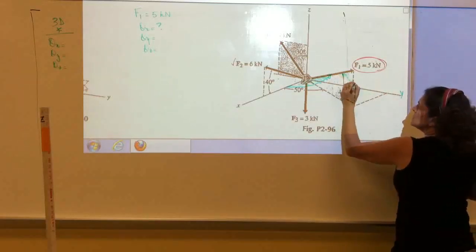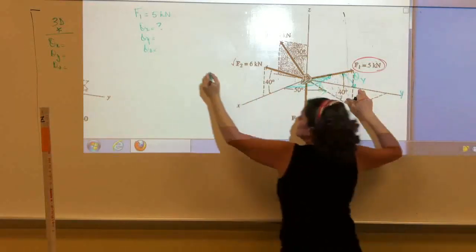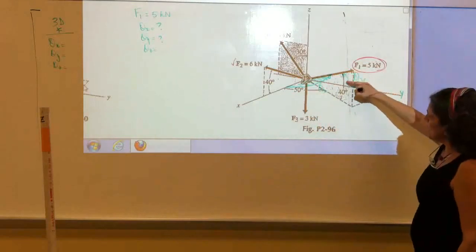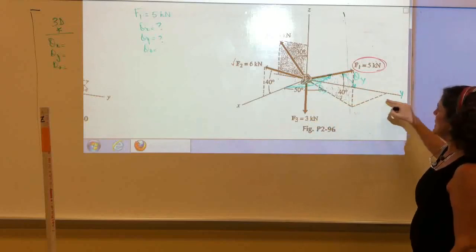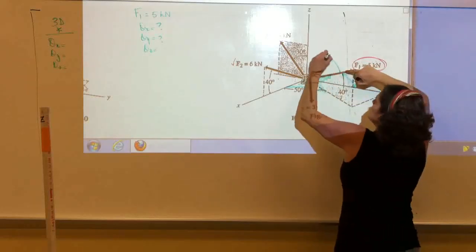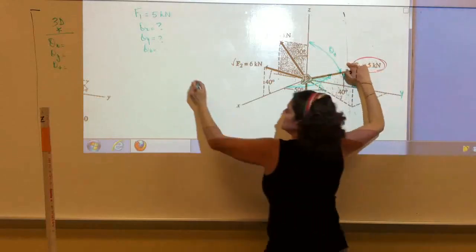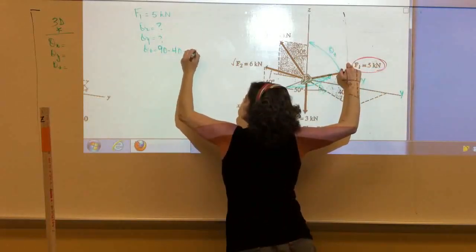This is y, so this would be my theta y. They don't give us theta x or theta y. But they do give us an angle of 40 degrees going down to the xy plane. So this angle right here is my theta z, and that's the only one that's given. It's 90 minus 40, equal to 50 degrees.